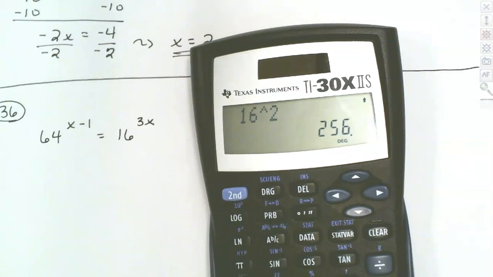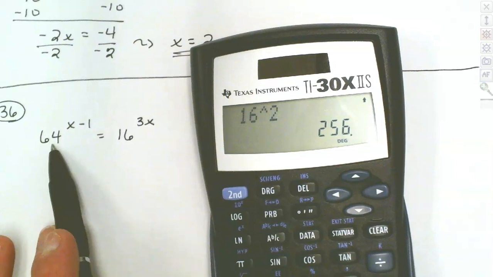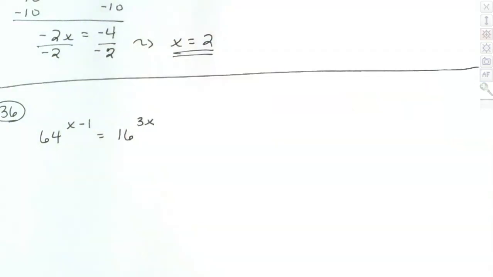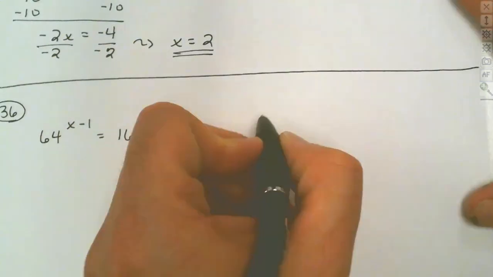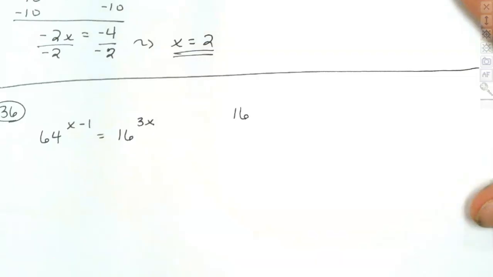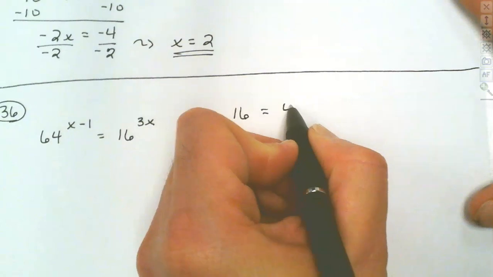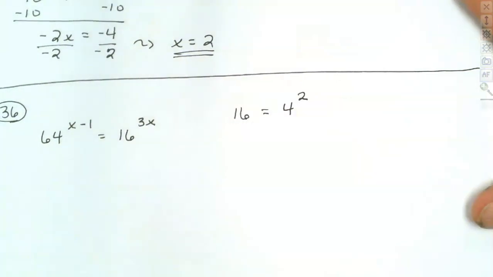And that's not going to work for us because it's way too big. But what we can do is we can take the 16 and we can either break it up into 2s or we can break it up into 4s. Well, 16 is 4 squared, right? Okay, we can use either a base of 2 or a base of 4.